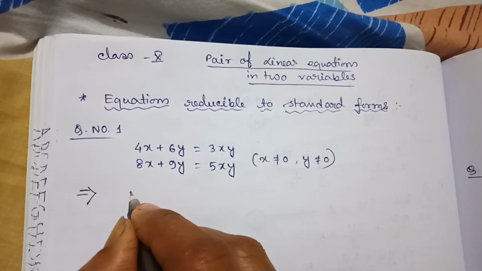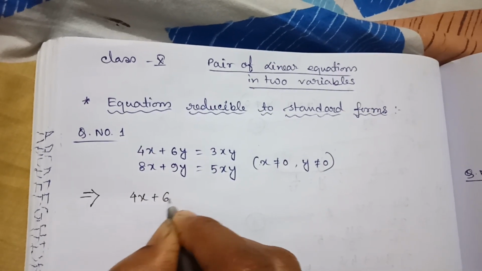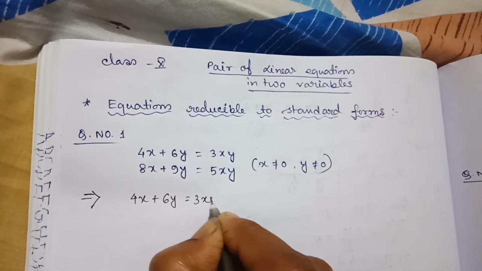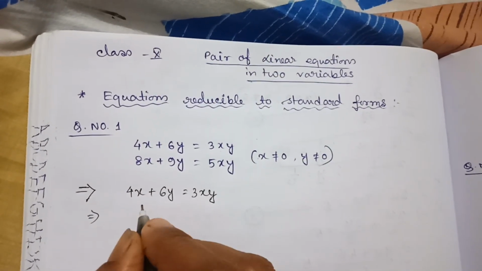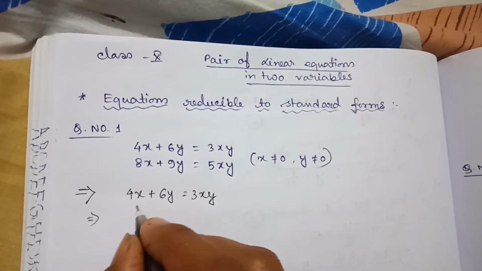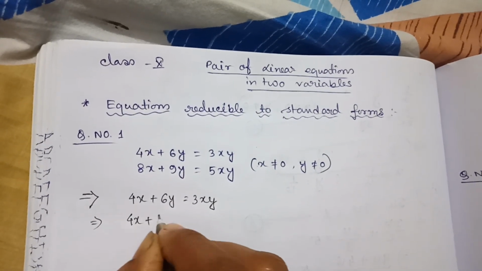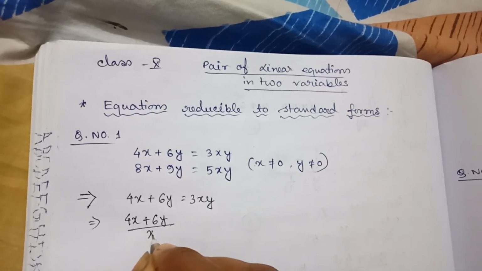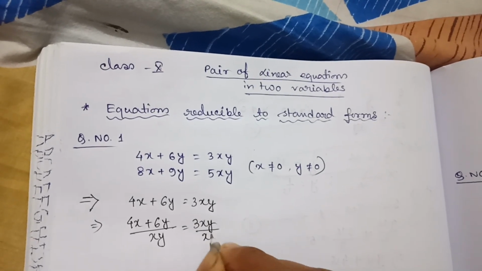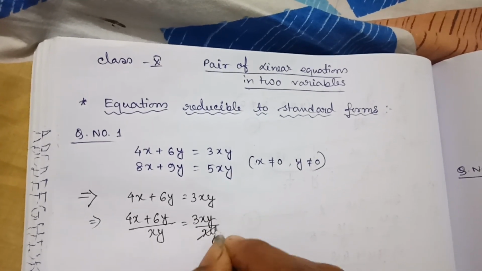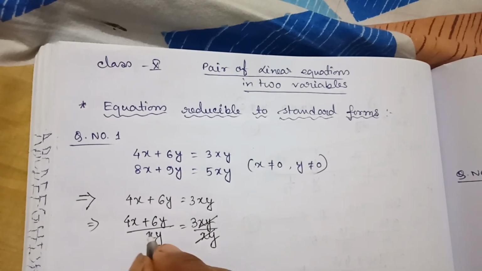We will write this question first: 4x plus 6y equals 3xy. Then we will divide the whole equation by xy. That means (4x plus 6y) divided by xy equals 3xy divided by xy. This xy will be cancelled out.